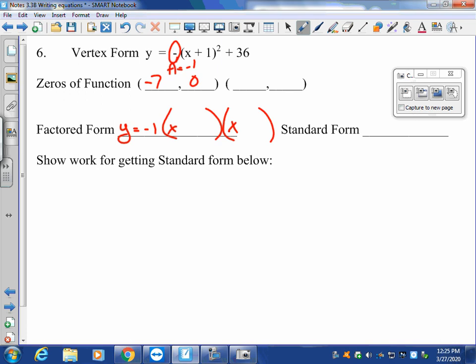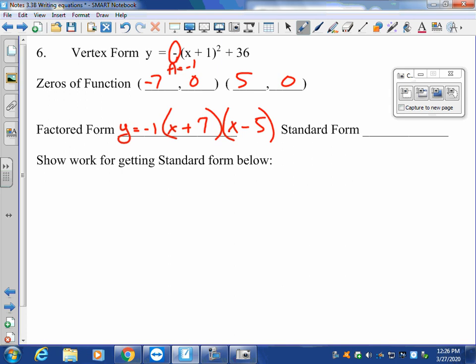Negative 7, 0 and 5, 0 are my zeros of the function. Make them the opposite because in factored form, you took it out of parentheses to get those if you were doing this by hand. So if you want to put them back into an equation, you got to make them the opposite. So x plus 7, x minus 5 makes those numbers look the opposite.